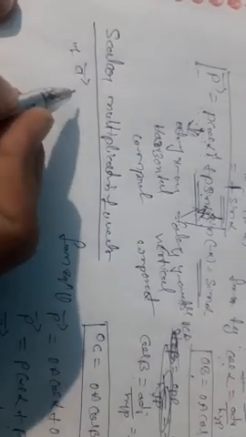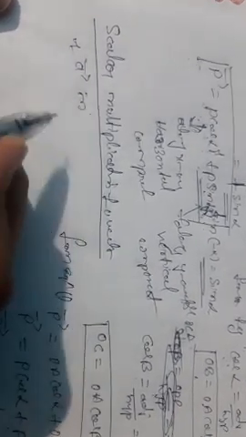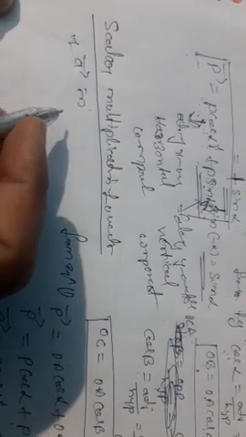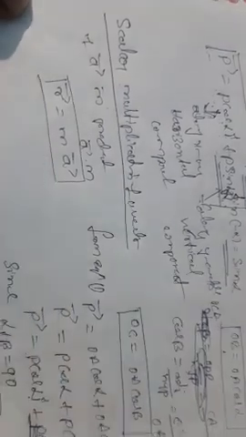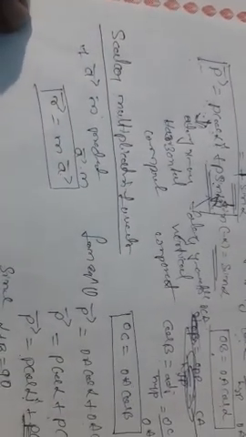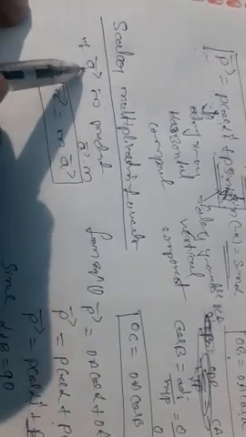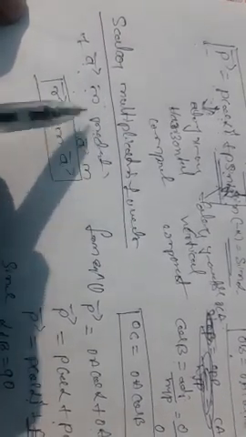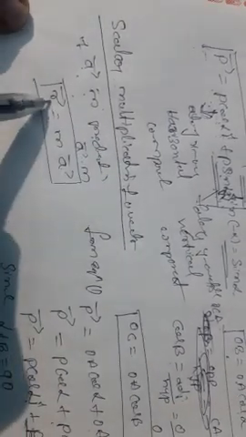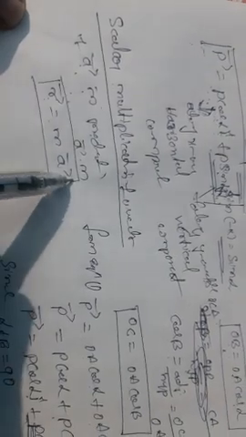The scalar multiplication of a vector means if vector A is any vector and small m is a scalar, then the product of vector A and m is defined as vector R is equal to m vector A. The vector R is a scalar multiplication of a vector.